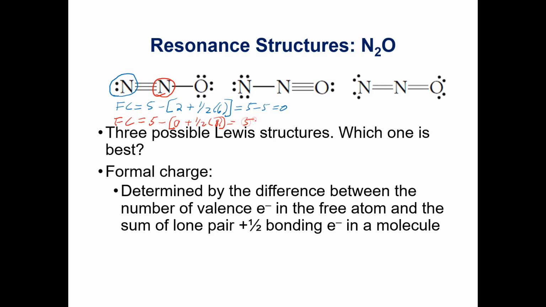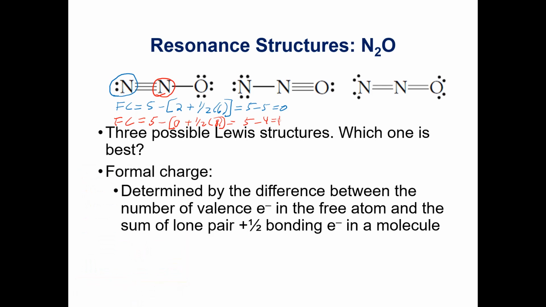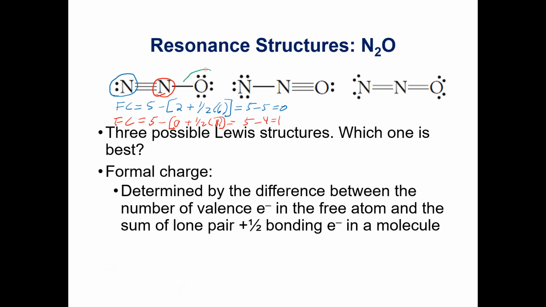So I have 5 minus 4, which is not 0, but 1. And then if I do this for the oxygen, oxygen should have 6 valence electrons, and there are 2, 4, 6 electrons in lone pairs around the oxygen.